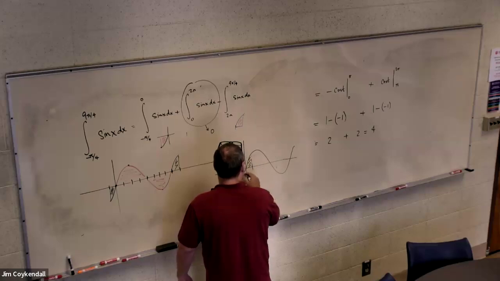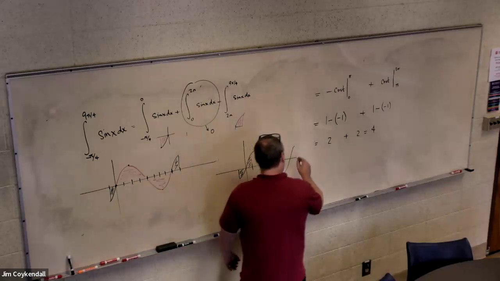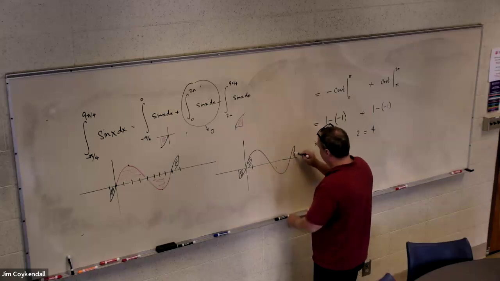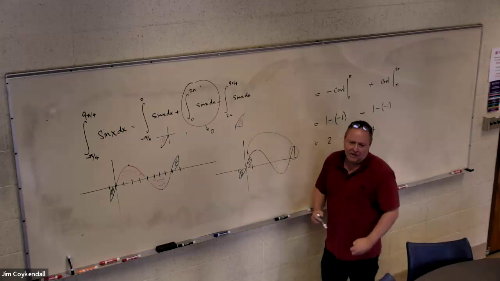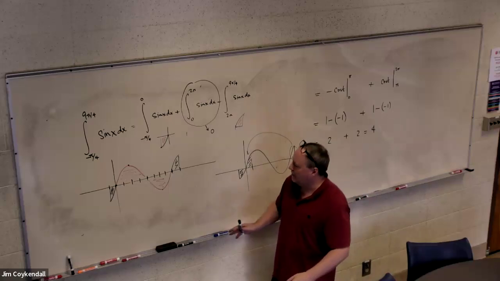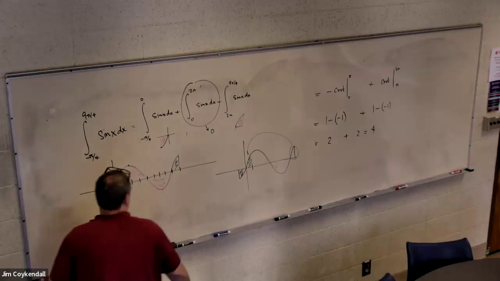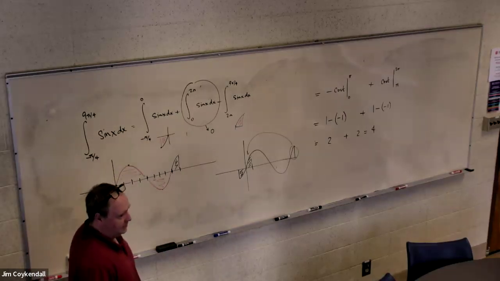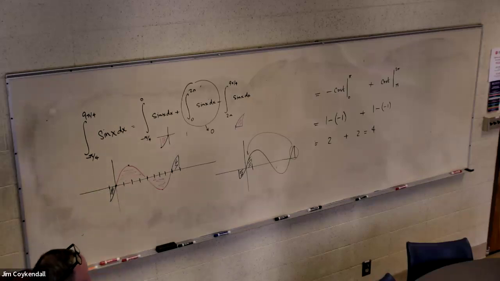These two pieces cancel, right? And now you're left with this thing chopped off. Now take this piece, put it over here, and you get complete cancellation. But for odd, you have to be symmetric about the y-axis.